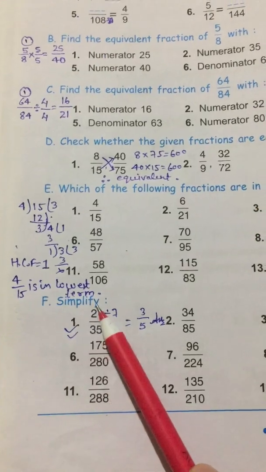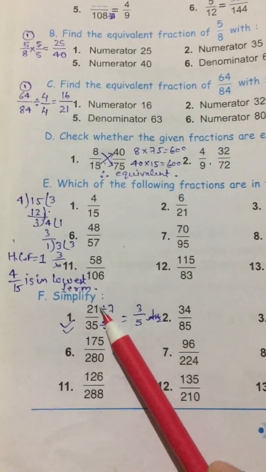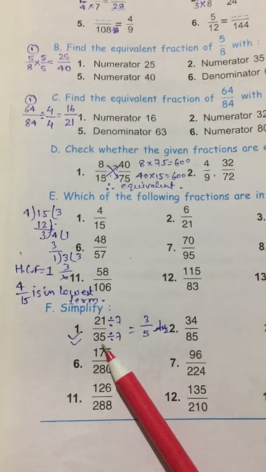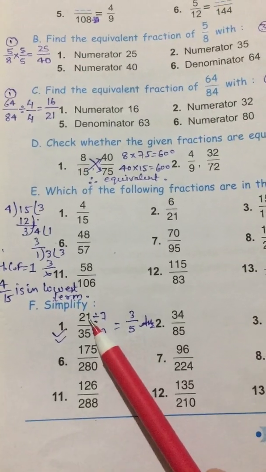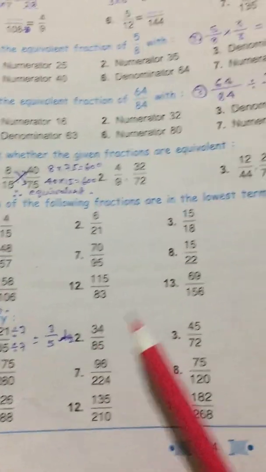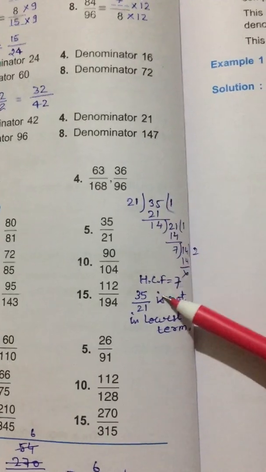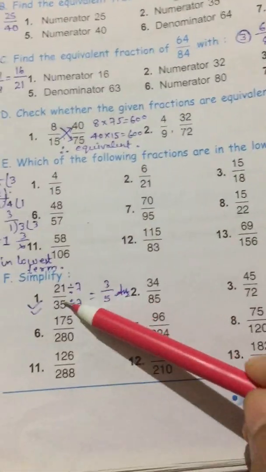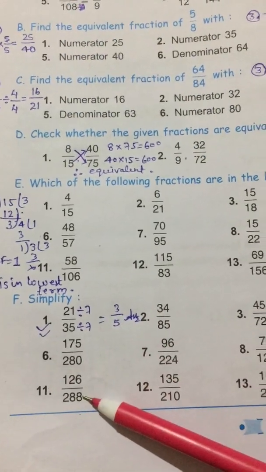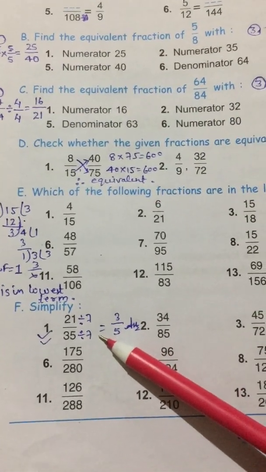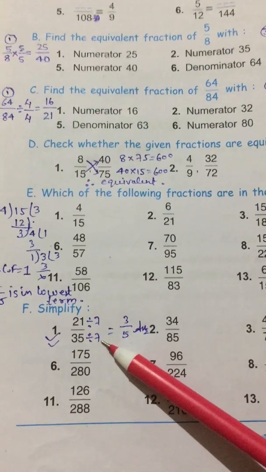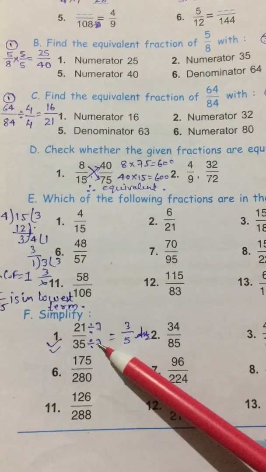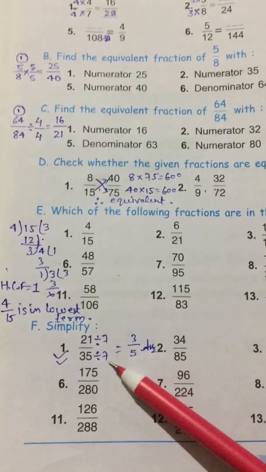See F number, simplify. We have to reduce it to its lowest term. So see first number 21 by 35. Here we have already found the HCF. It is 7. So in each question again you have to find the HCF. If it is other than 1, then you have to divide by that HCF.